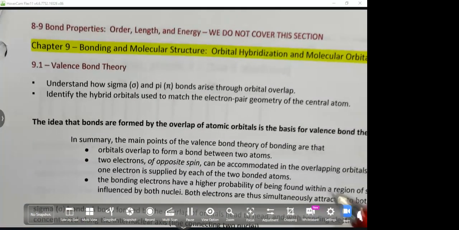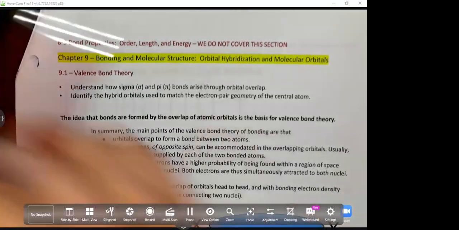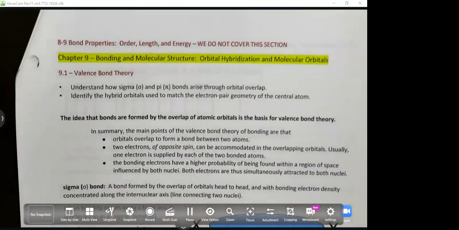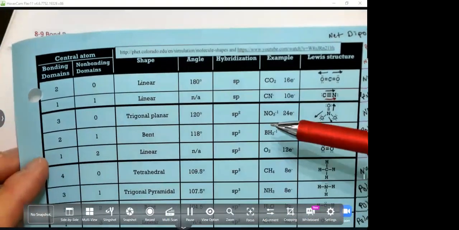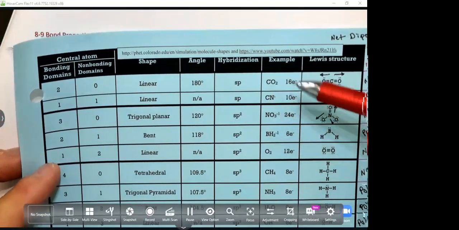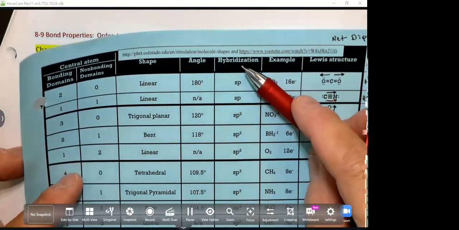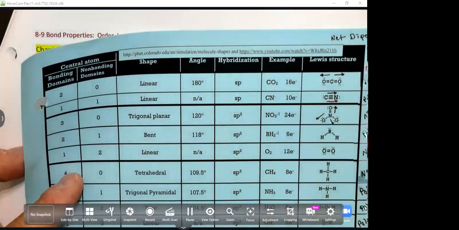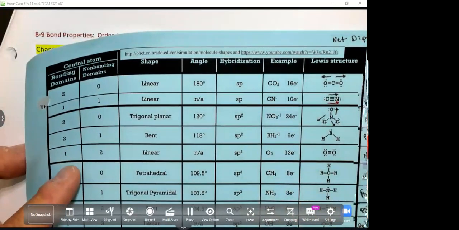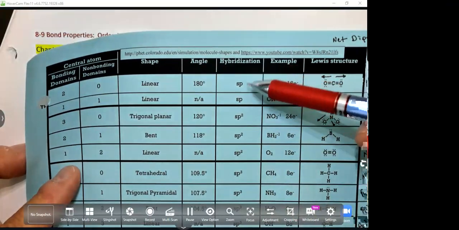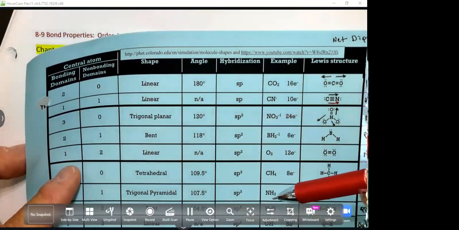So we want to talk about these bonds, and the only thing we have not covered so far on this blue sheet is the hybridization column. So that is the key to chapter 9, this hybridization and explaining hybridization.